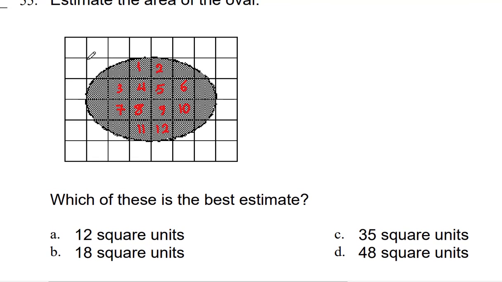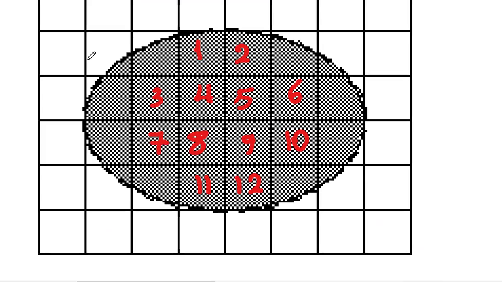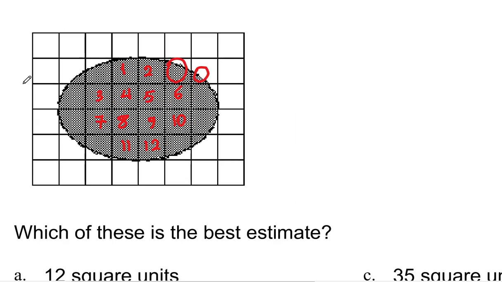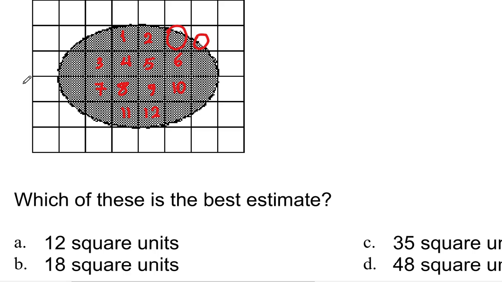We will see the squares that are not filled. Okay, I see this one. This one with it. Yeah, this one. So these two form one square, right?